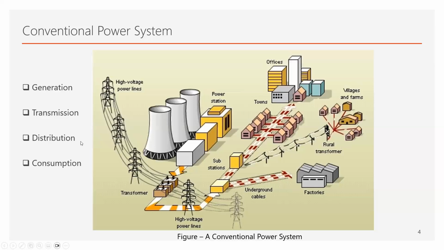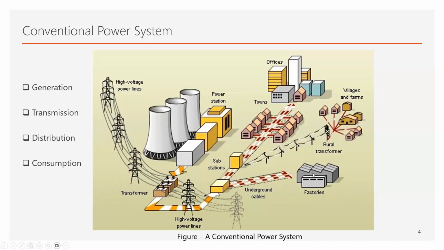The distribution section is for different types of loads; we'll have different distributions. Say, for example, in a factory where the power requirement is quite high, the distribution system will be different. So distribution means that section will distribute power from the line, which is this one, to the load.